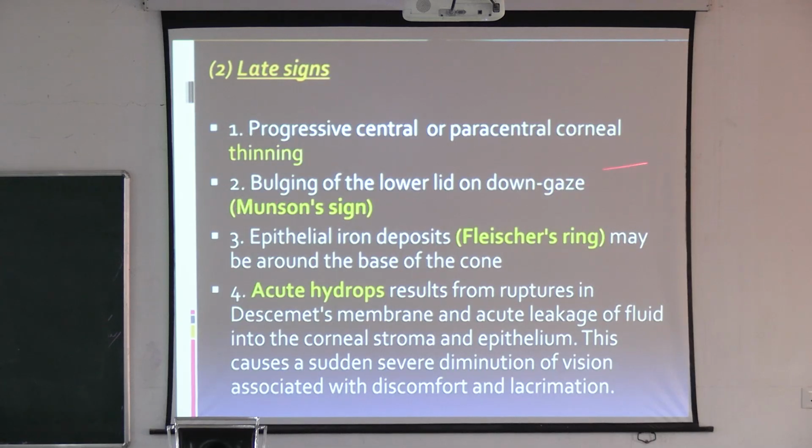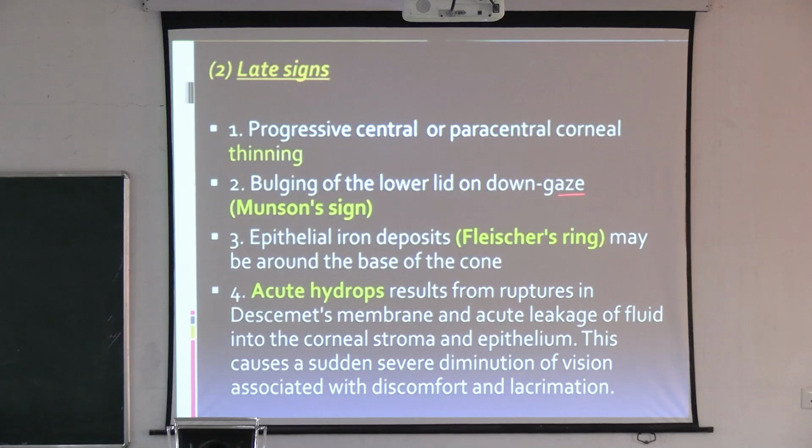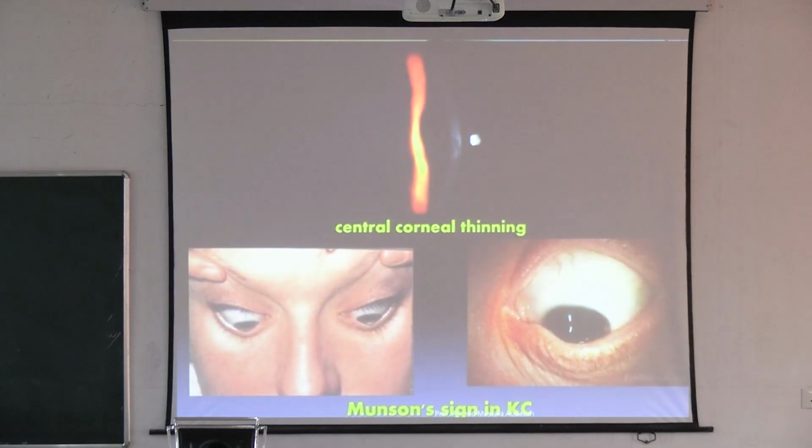Munson sign is present when the patient looks downwards, there is pressure on the lid margin, and epithelial iron deposits, that is called Fleischer rings, and acute hydrops due to the edema and stretching of Descemet's membrane, and there is leakage of fluids, and stromal epithelialization occurs, and that causes severe diminution of vision, and the patient also has lacrimation and discomfort due to this acute hydrops.